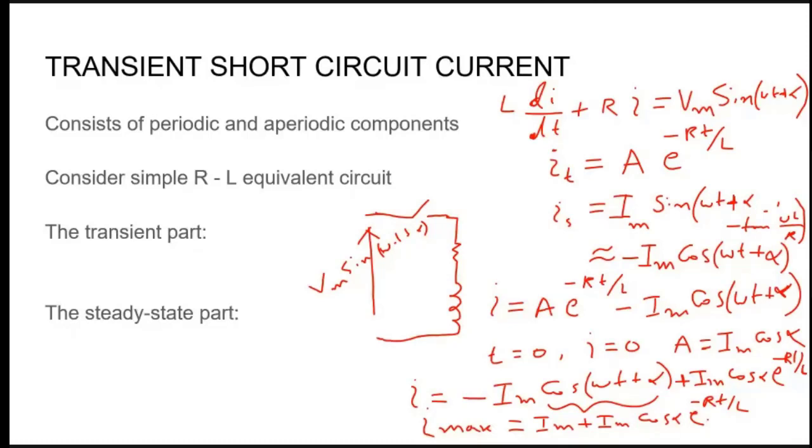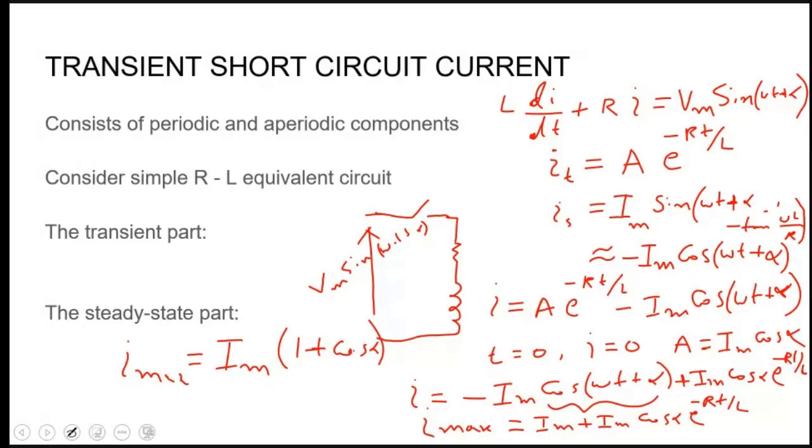So the maximum current Imax equals Im into (1 plus cos alpha). So this is how it can be approximated. Of course, we have approximated here.